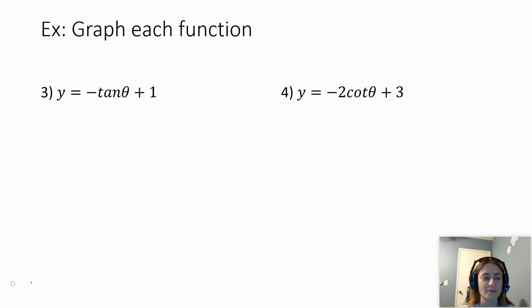So let's look at what some of the graphs will look like. Okay, so for tangent, the theta values, we like to look in between negative pi over 2 and positive pi over 2.